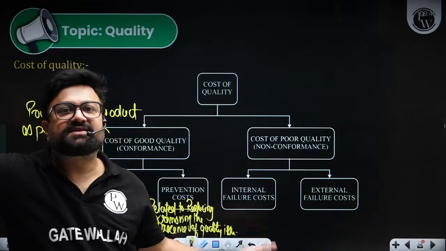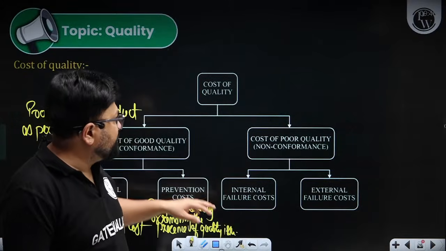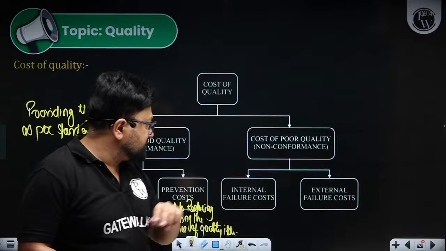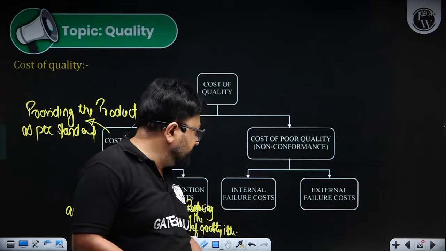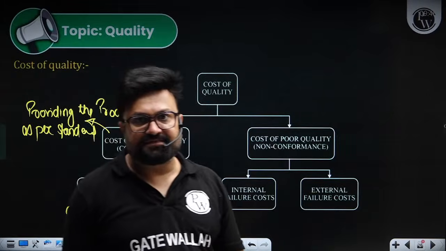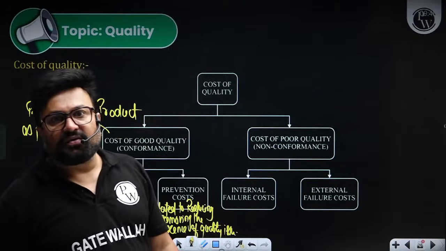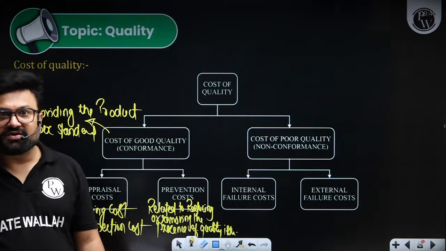Okay, the next is cost of failure. The cost of failure, that is non-conformance, is divided into internal failure cost and external failure cost, right? What is cost of failure?